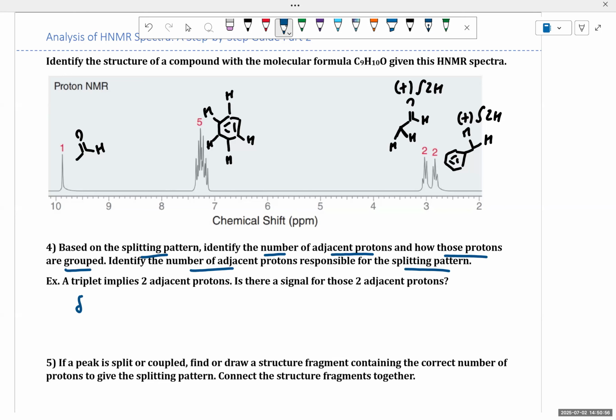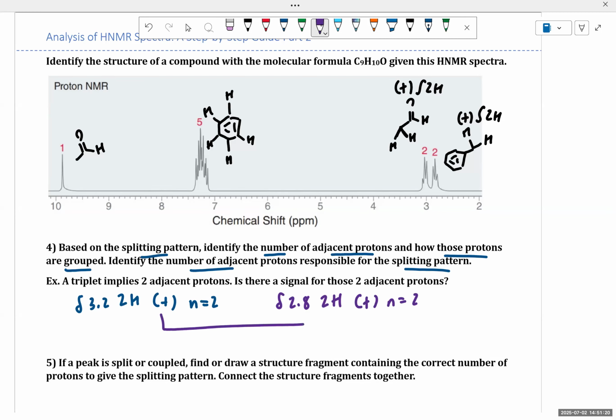For example, the peak at 3.2 that integrates for two hydrogens, that's a triplet, that tells us n equals 2. There are two adjacent protons. This can be related to our second peak that has a chemical shift of 2.8, integrates for two hydrogens, that's a triplet, which implies there are two adjacent protons.